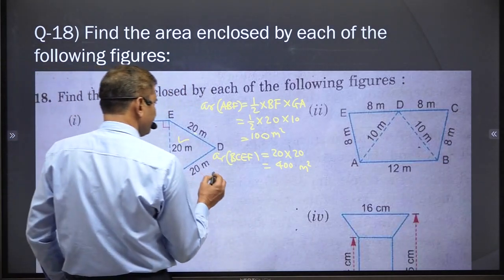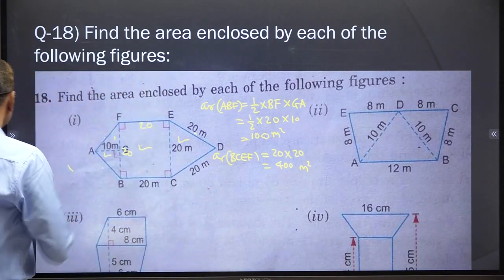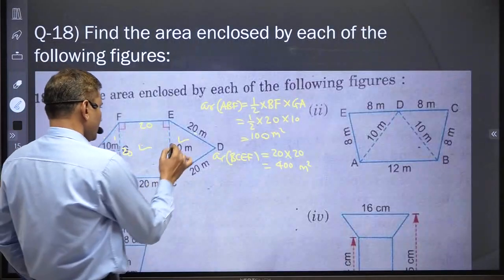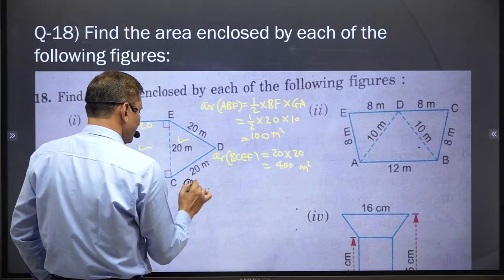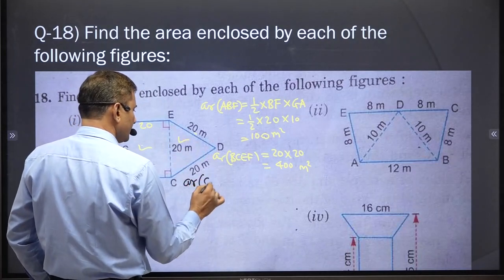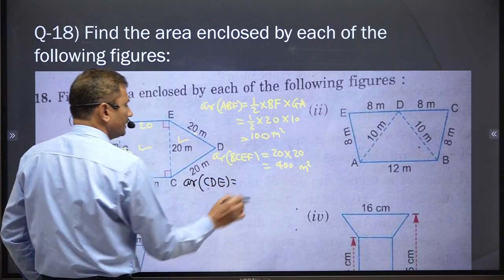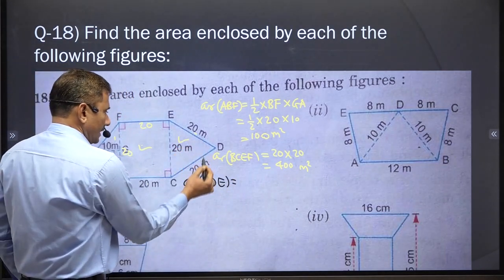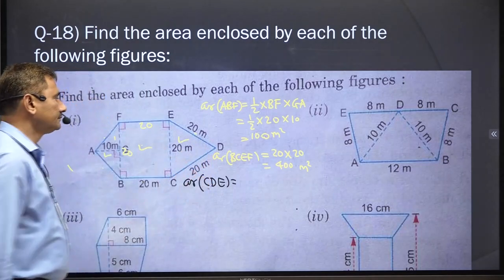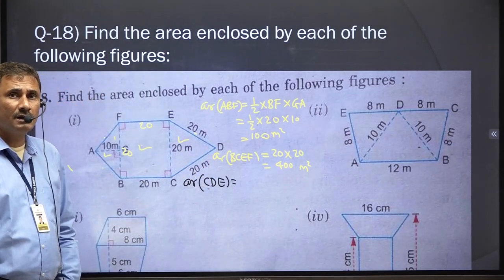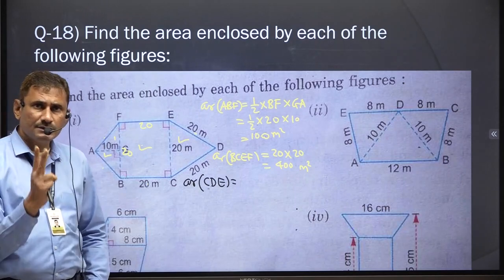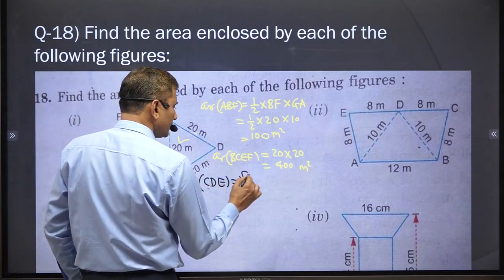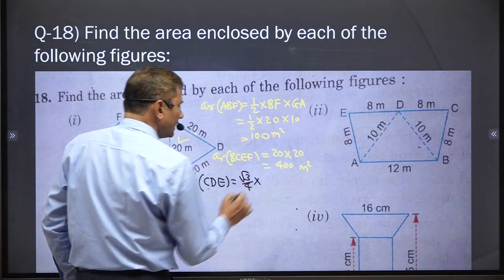Same way, the area of this triangle, CDE. Look here. It is an equilateral triangle. So you have Heron's formula and one short formula for that triangle also. Actually, it is root 3 by 4 into side square.